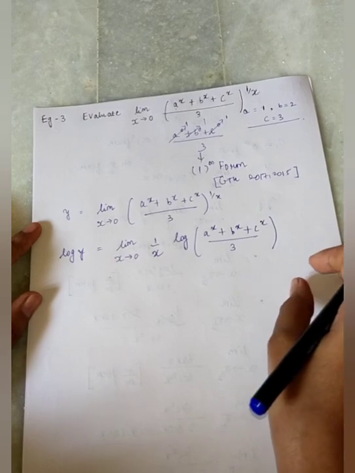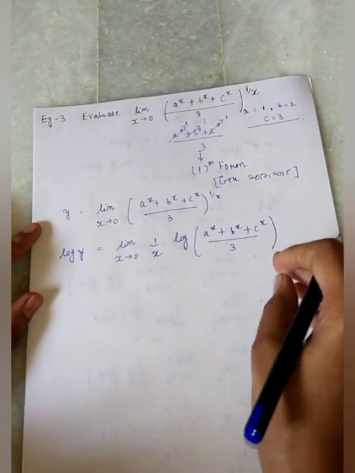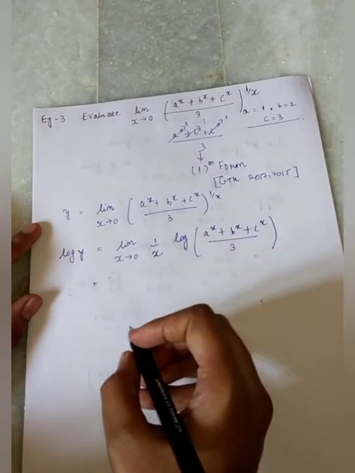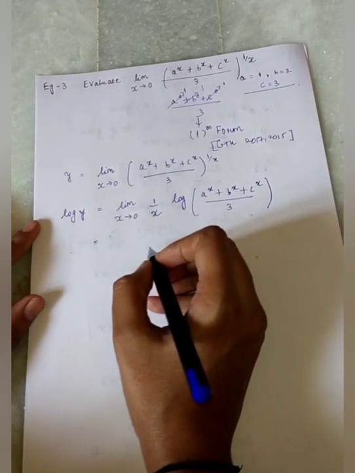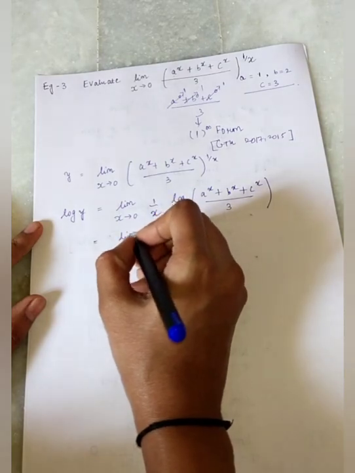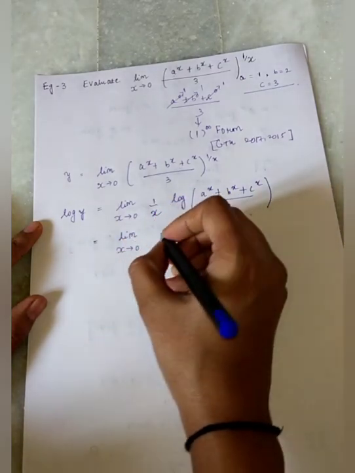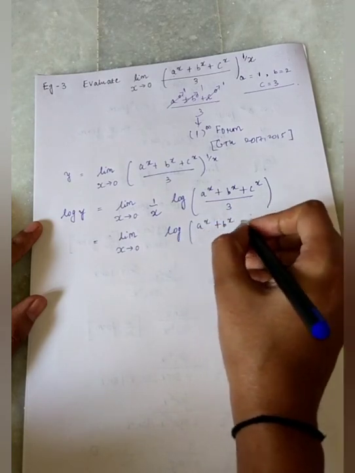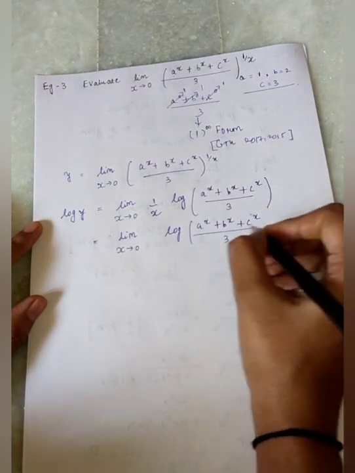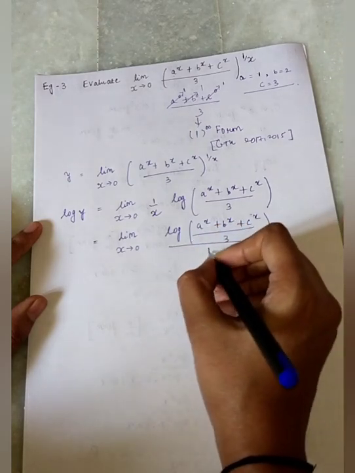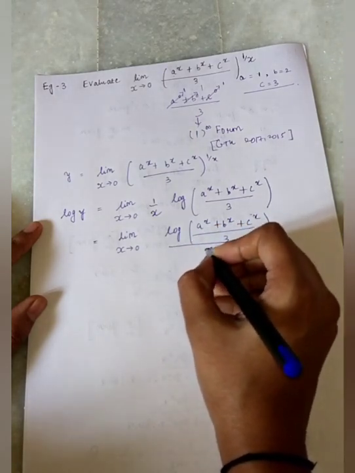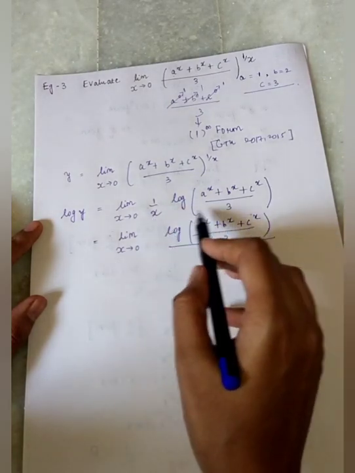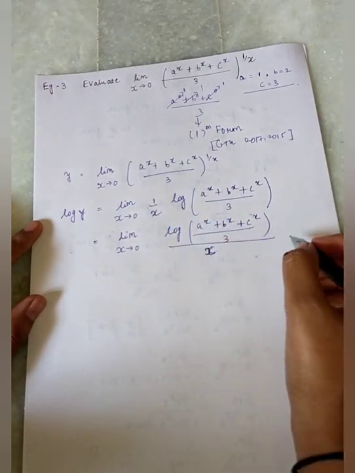Okay. And now as we got 0 into infinity form, we will convert it into 0 by 0 or infinity by infinity form. So we can rewrite this equation as limit x tends to 0 log of a raised to x plus b raised to x plus c raised to x upon 3, upon 1 upon x. This x we have written in the denominator part.